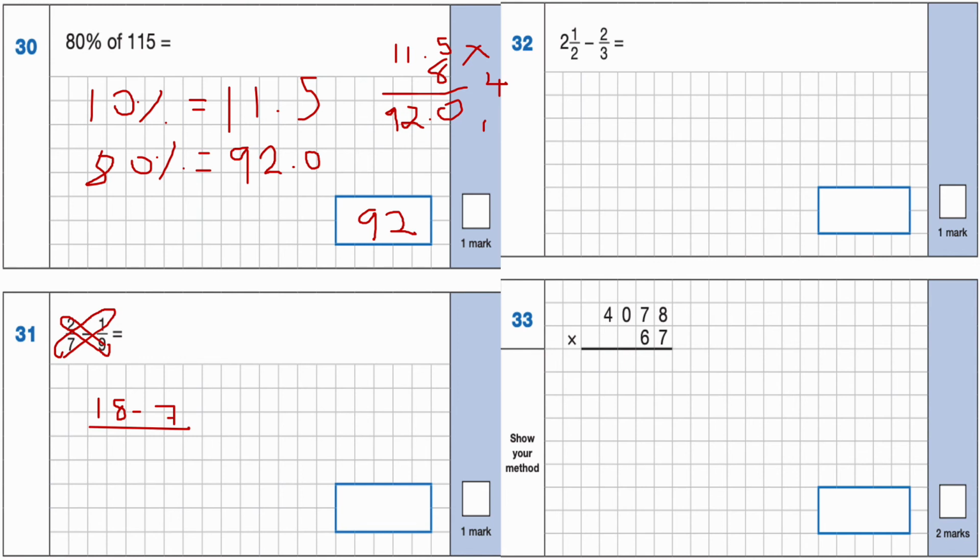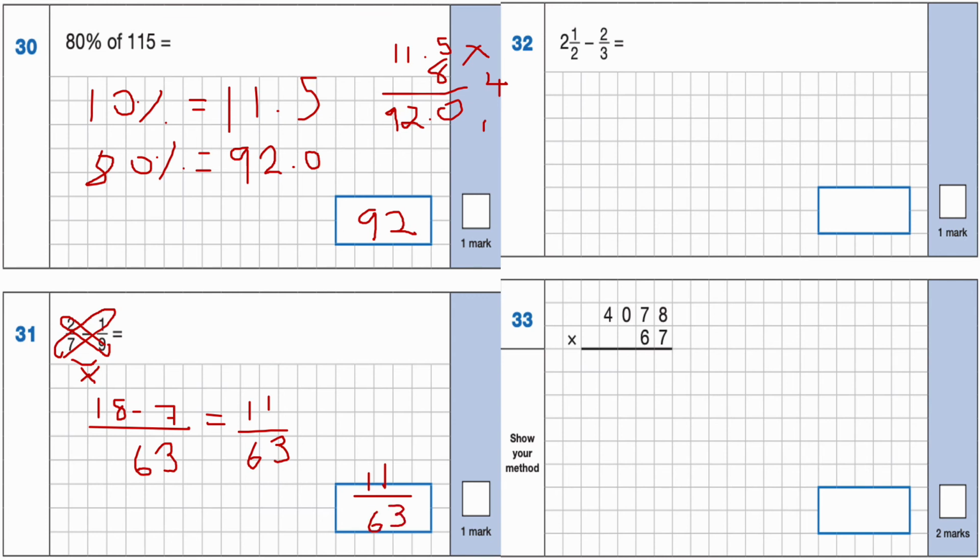And then divided by the product of 9 and 7. So timesing these numbers together. So 7 times 9 is 63. 18 take away 7 is 11. So it's 11 63rds. Okay, so 11 out of 63.